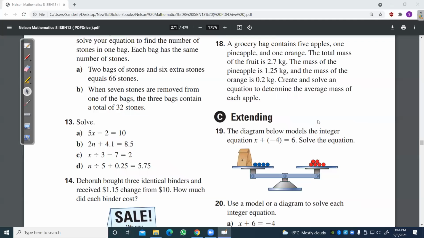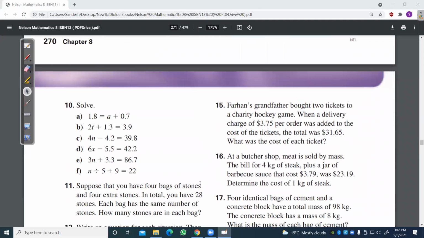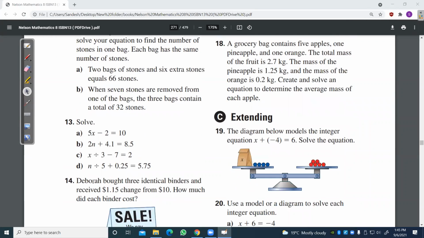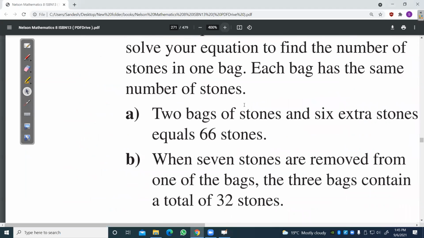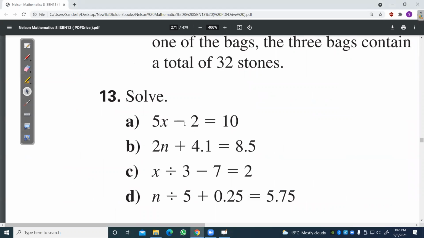Again, just be careful when there's a negative sign. Let me just speed run this. Okay. The first two are easy. The first one you'd add 2 and then divide by 5. This one you subtract 4.1 on both sides and then you divide by 2. What about C? What do you do in part C?